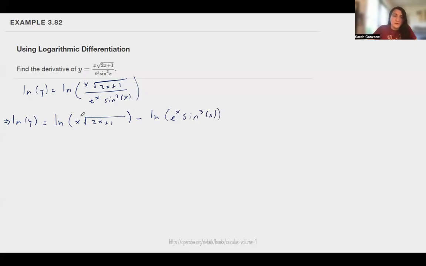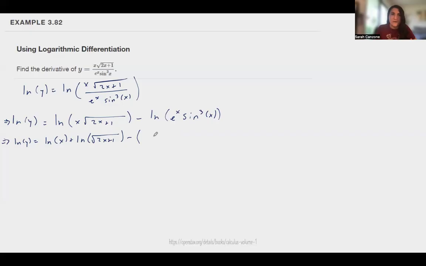Now we have a product within this log, and we have a product within this log. So products within logs turn into addition between logs. And so this implies that the natural log of y equals the natural log of x plus the natural log of the square root of 2x plus 1 minus, and now because we have a minus here and we're going to turn this into addition, we have to put parentheses here because we are now taking one term and making it into two, but we're still trying to subtract that entire thing.